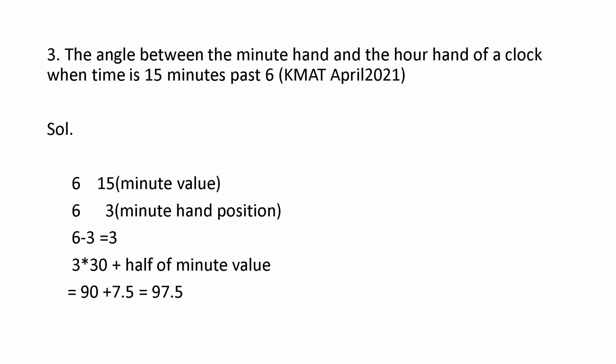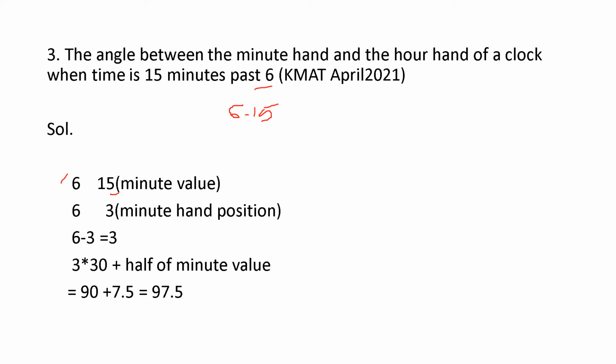Now the third question. The angle between the minute hand and the hour hand of a clock when the time is 15 minutes past 6. That means the time is 6:15. The questions can be asked like this. And here the same method. 6:15.